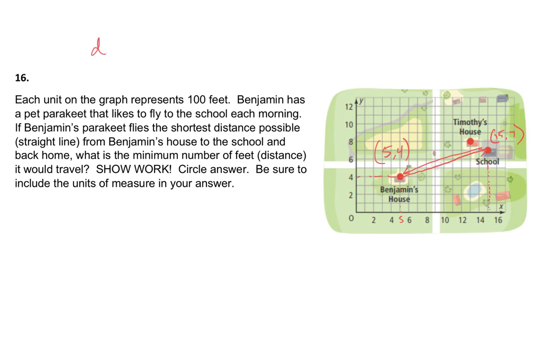So that's what I'm going to use. The distance formula is the difference of our x's squared plus the difference of our y's squared. So I could label this x1, y1 if I wanted to, which I'm going to do because it's good to do. And that's x2, y2.